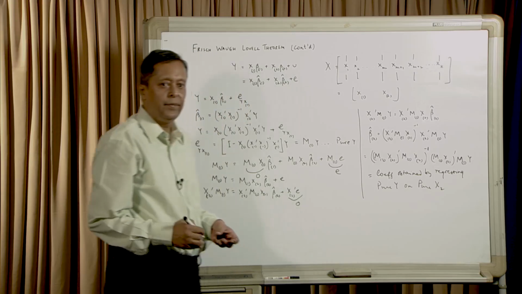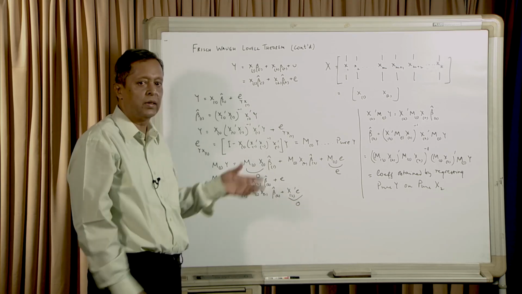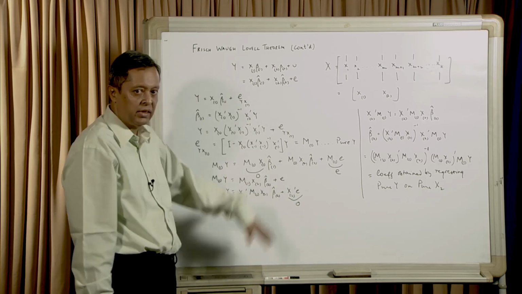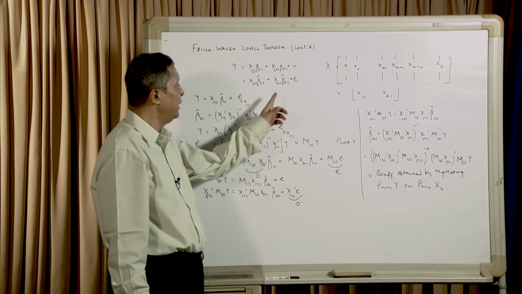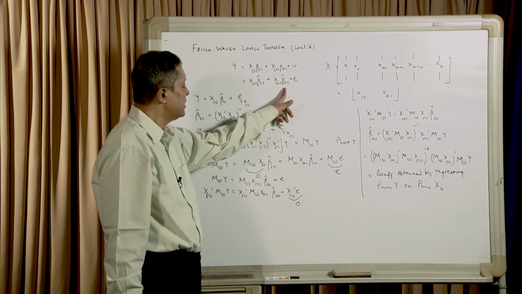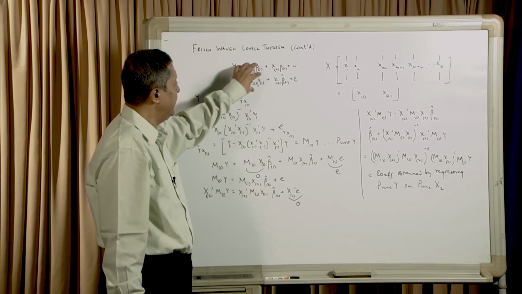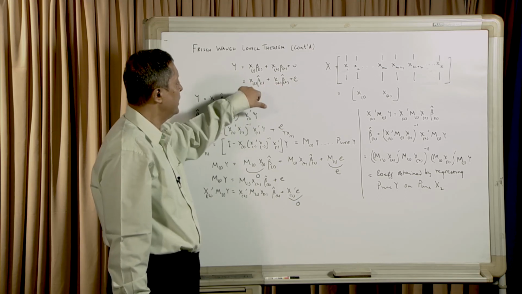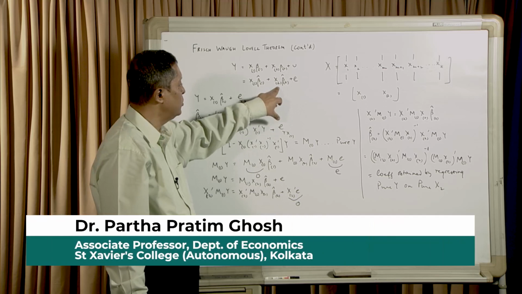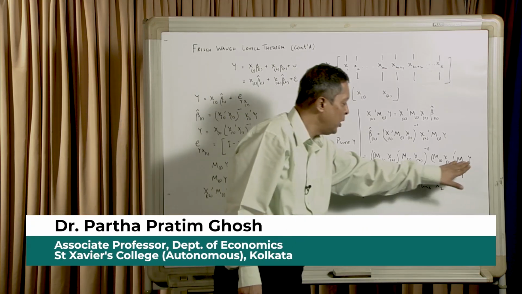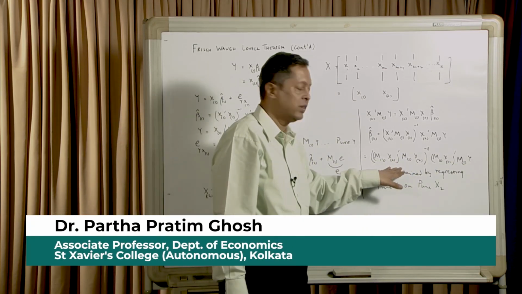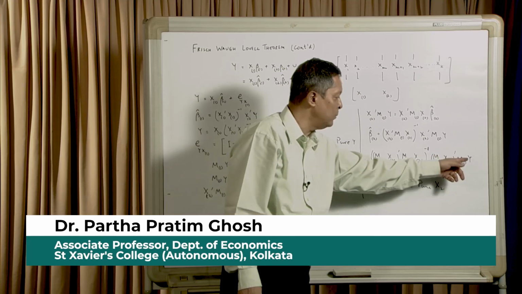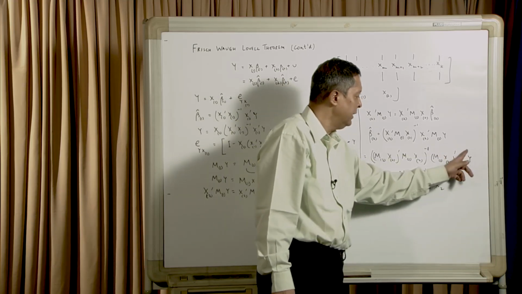That, dear viewers, is a generalization of the results that we have been discussing. That is, when you want to obtain beta 2, you obtain pure y, taking out the effect of x1, and then you take x2 and regress on x1, take the residual, that is pure x2. Finally, you regress pure y on pure x2. It is just like (x' x)^-1 x' y, only this is pure y and this is pure x2.